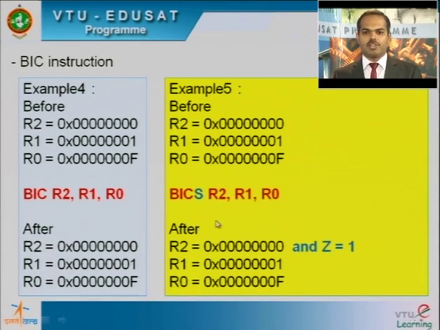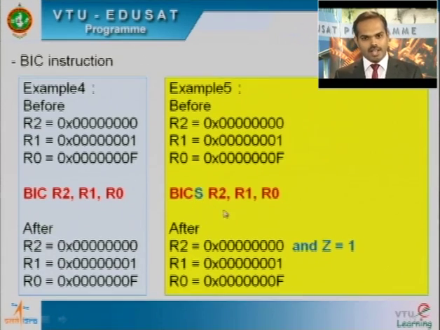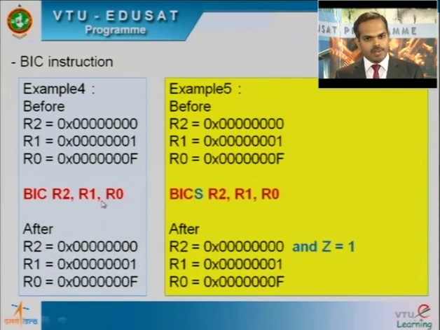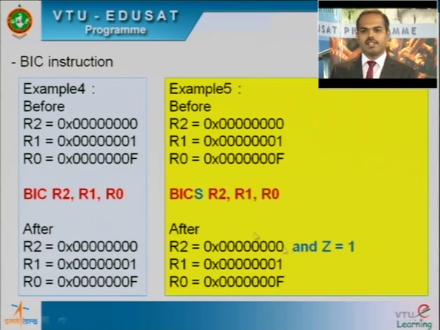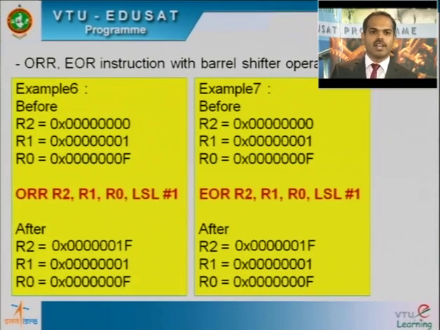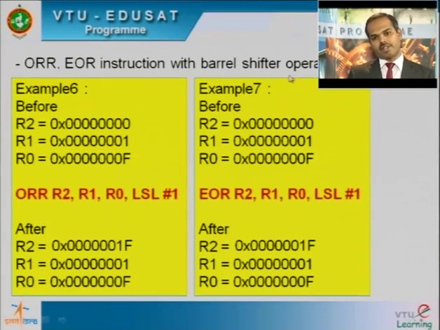Example 5 is taken to show that the result is the same as in example 4, but the Z flag here is 1 to indicate the result is 0. If we do not add S, the Z will be 0, by default. Right. Next we will take one more example with the ORR and EOR instructions with the barrel shifter operation.